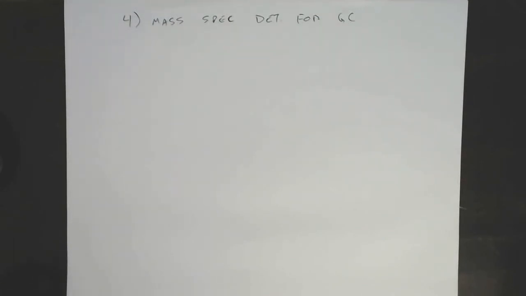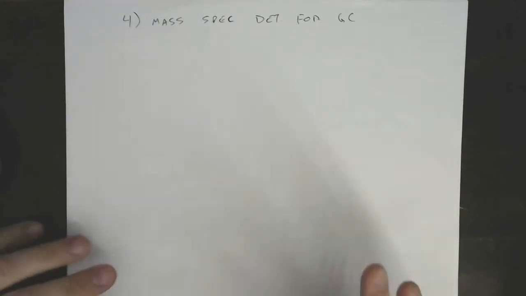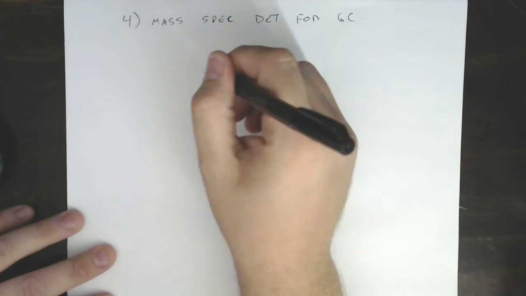What I want to show you is the instrumentation we need to make the coupling of GC and mass spec happen together. And so we're going to stop at the ionization method because that's the first step in mass spec, and that's where GC interfaces.